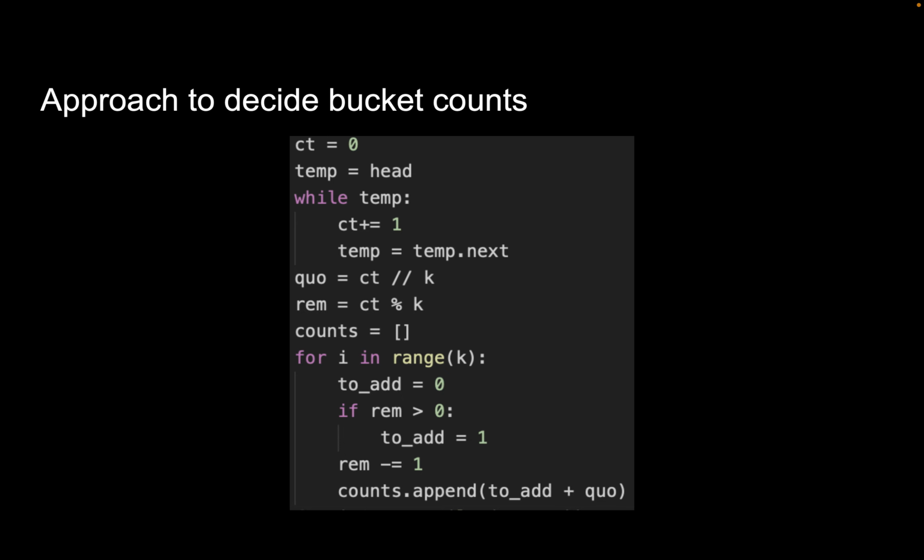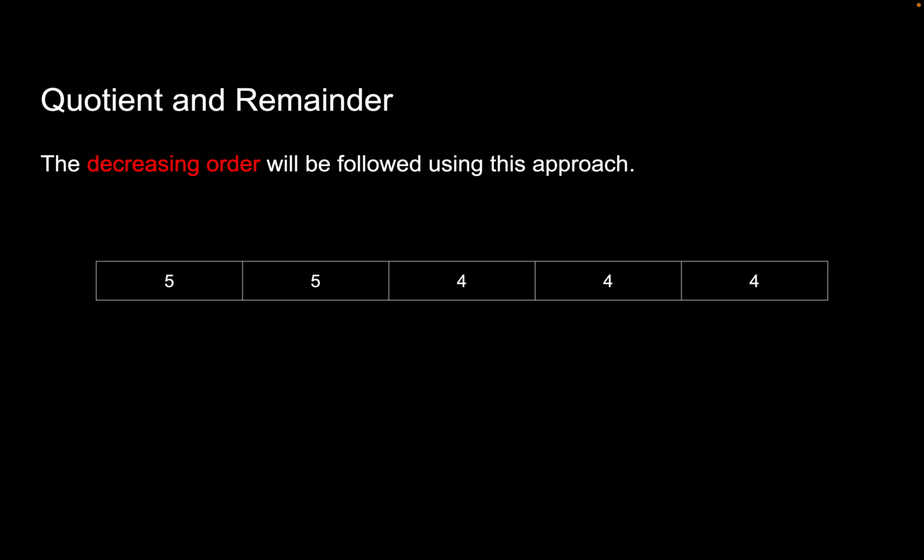If the remaining amount is greater than 0, which means we need to add 1 to it, then 4 becomes 5. After that, remainder minus equals 1, as we are already adding 1 to that element in the array. At the end of the day, we append to add and quotient to counts, and we will get this array at the end.